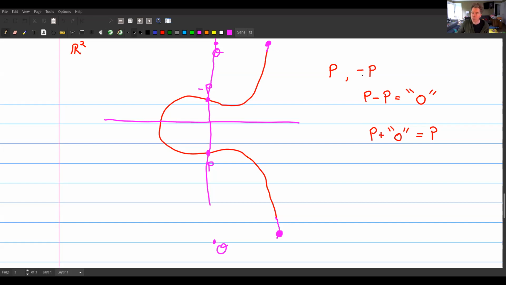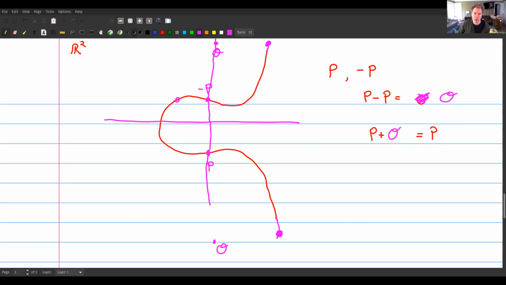And so what we've just shown here is that now we can take off the quotes, but we have to give this thing a little cowlick. So the identity element of this group is the point on the curve at infinity, which we call 0 with a cowlick. And so now we can try to determine if this is true. Is it true that P plus the identity element is equal to P?